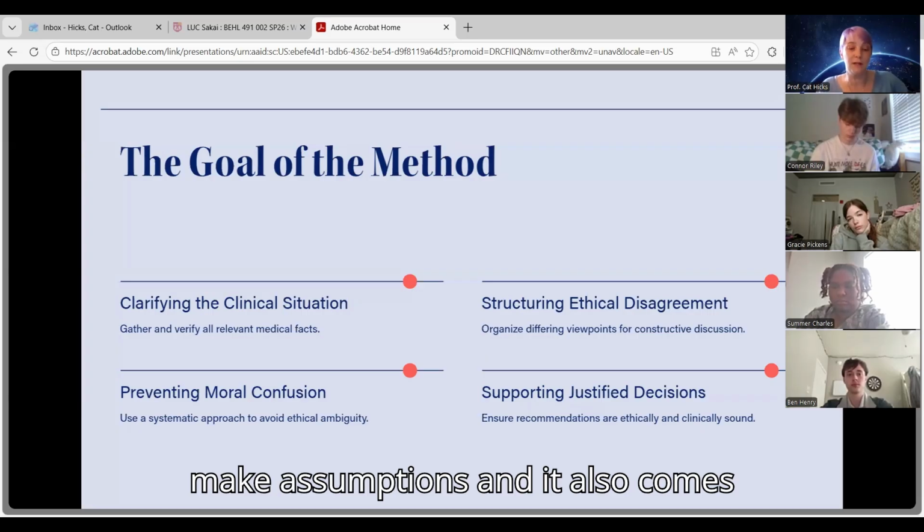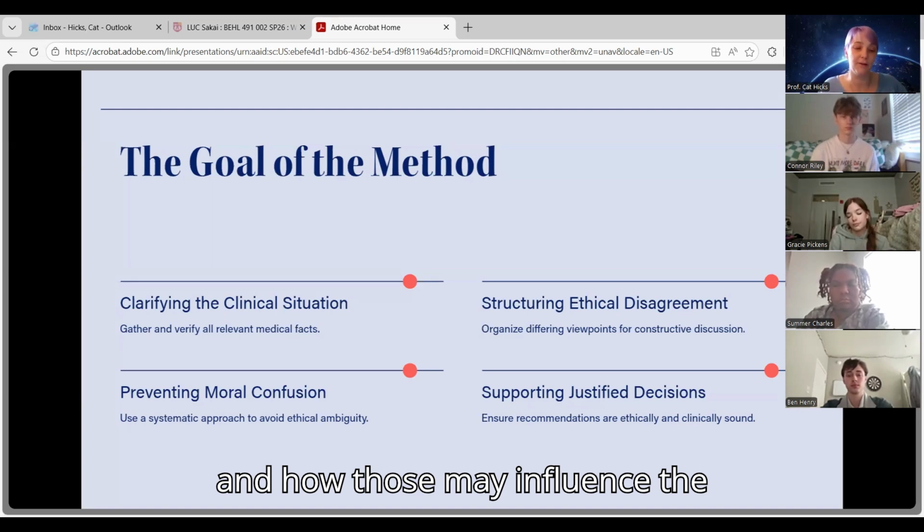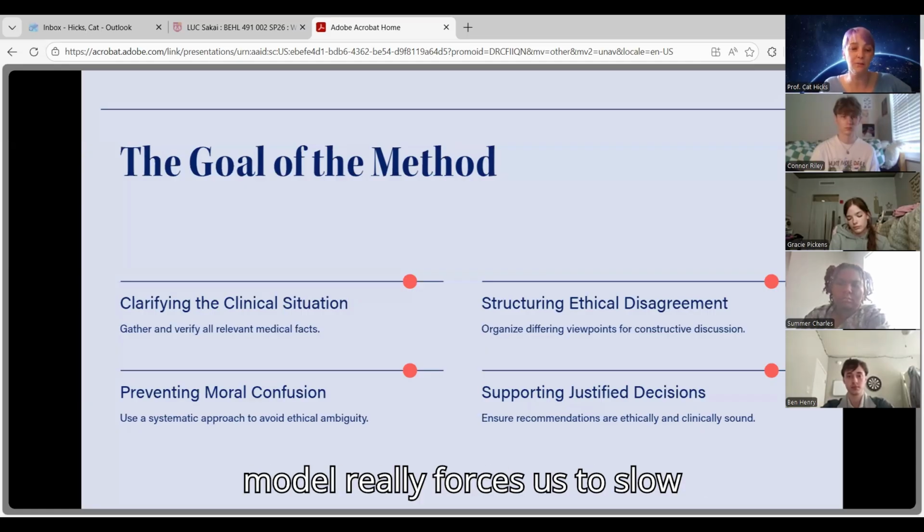And it also comes from institutional pressures being unspoken or unwitnessed by the patient and how those may influence the ethical decisions. So the four-box model really forces us to slow down.